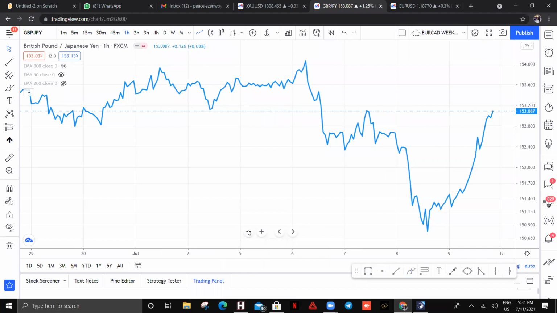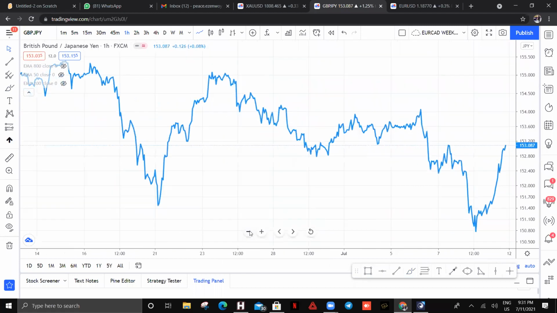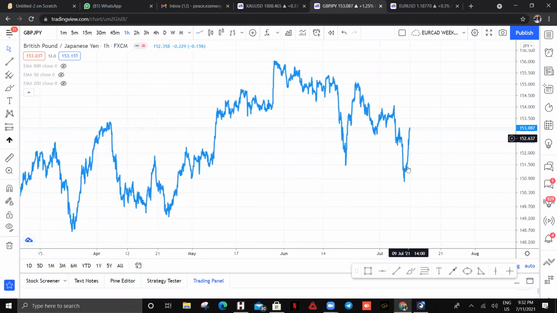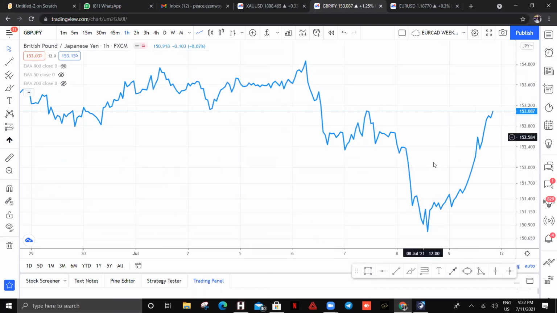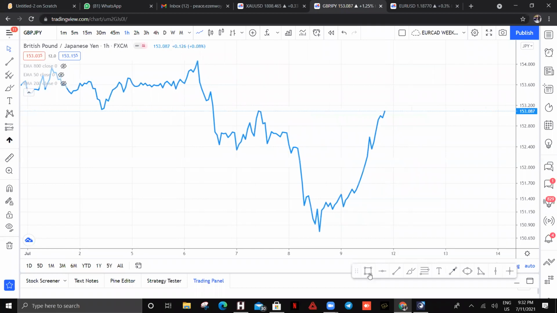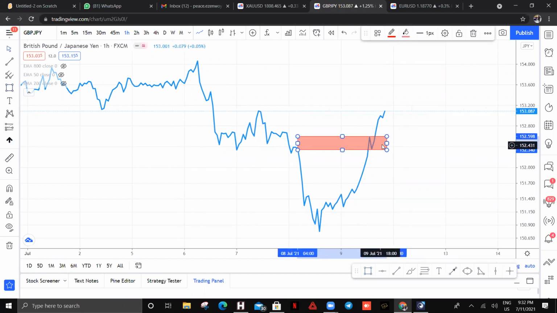By the time I squeezed it, it covered that particular pullback. I told you the most recent pullback, and this is the most recent pullback, even though when you squeeze it, you wouldn't see it. So I'm going to draw it from there, then squeeze the chart back so I can identify the other ones.